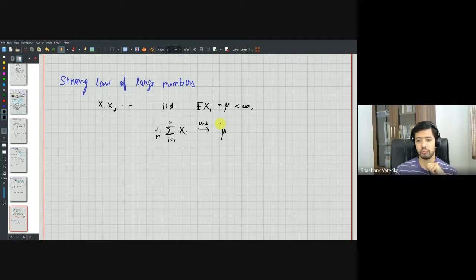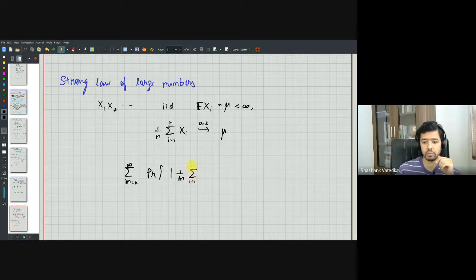Because if you want to show almost sure convergence, one way to show it is to try to bound the summation, m equal to n to infinity, of the probability of Bm, or in other words, the probability that |1 over m summation i equal to 1 to m of xi minus mu| is greater than or equal to epsilon.